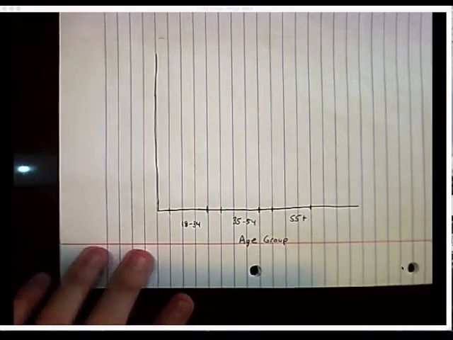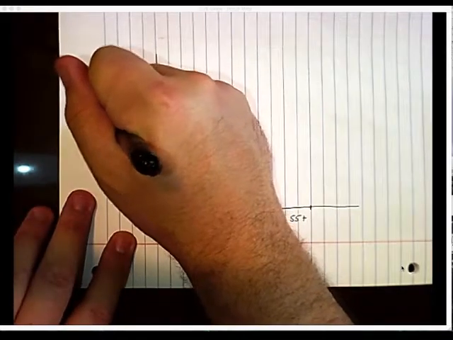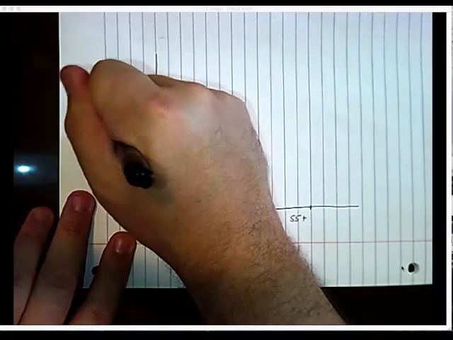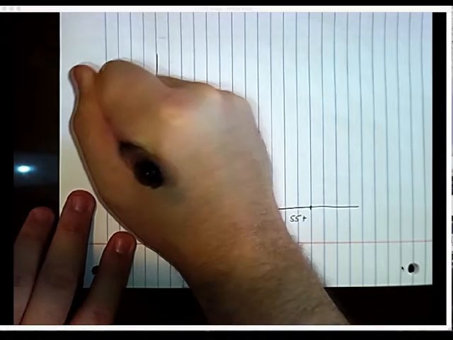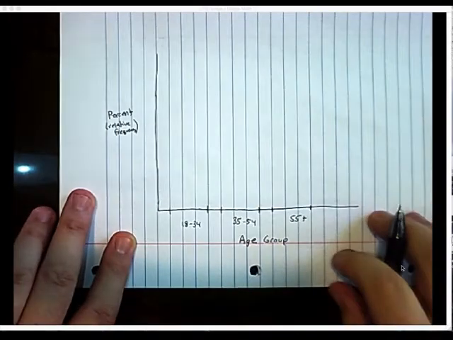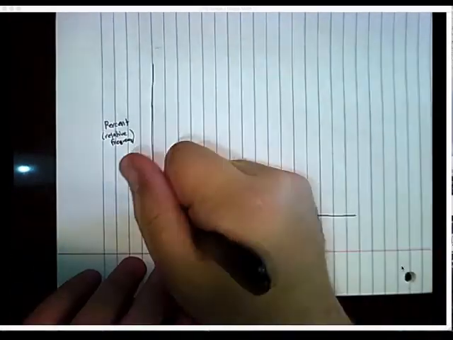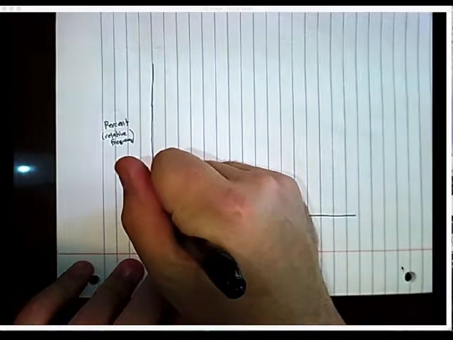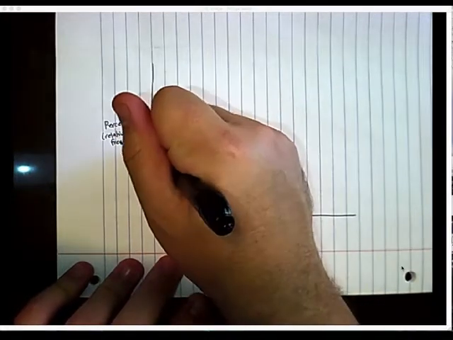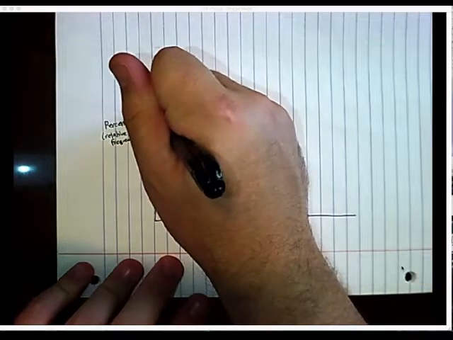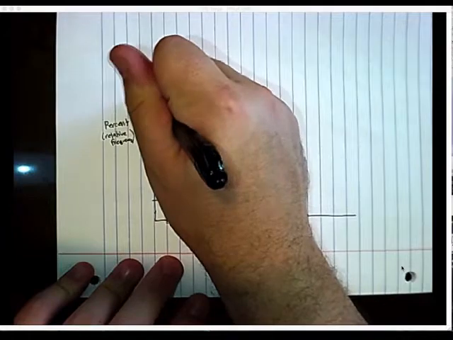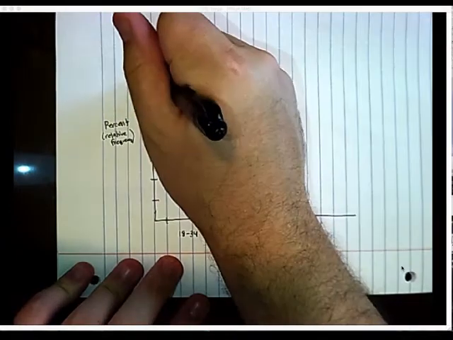And over here on this axis, we're going to call this percent again, or we can call it relative frequency. Let's see, 10, 20, 30, 40, 50, 60, 70, 80.